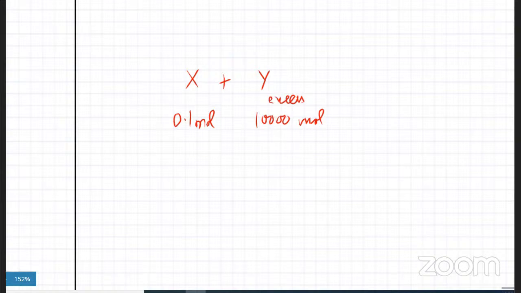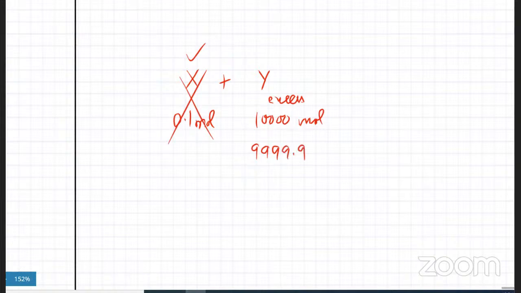Why? Because if 0.1 moles of X react, and it's 1:1, how much of Y would react? All the 0.1 moles of X will get used up, right? And let's say the reaction finishes, so the concentration of X decreases to 0. What happens to the concentration of Y? 0.1 moles react with 0.1 moles. So you're left with how much?